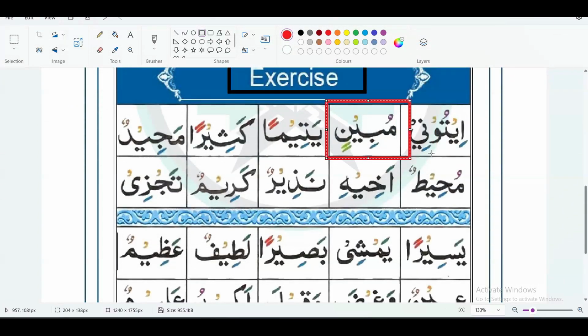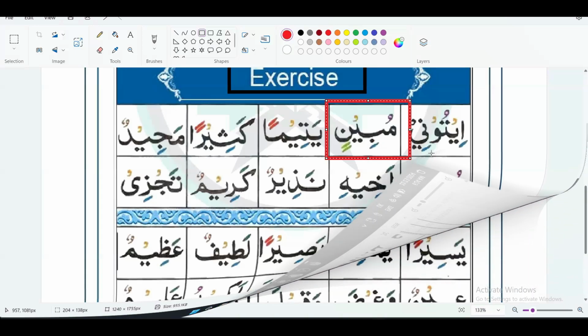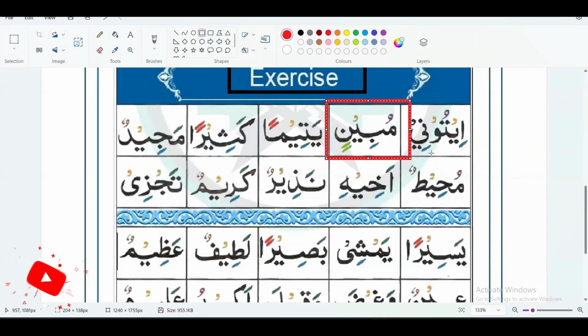Okay. Now go to the next word. No. See the signs. What is the sign on ba? So read ba with kasra. No, no. I said ba with kasra, not vav. Yes.